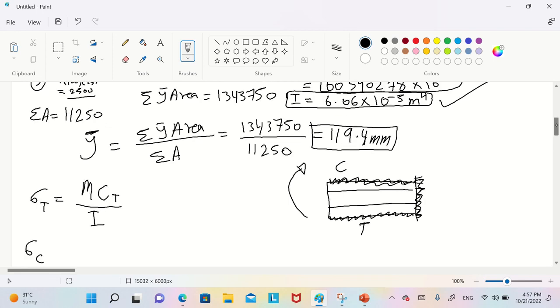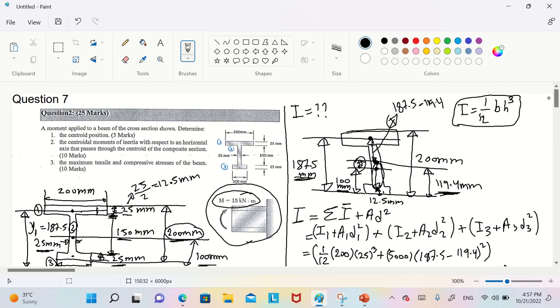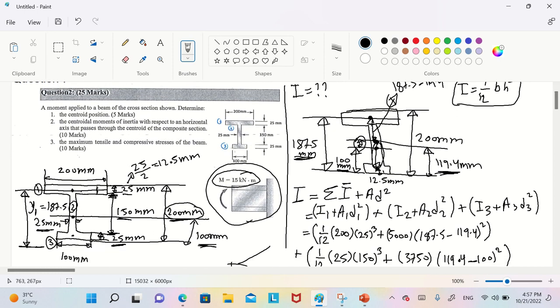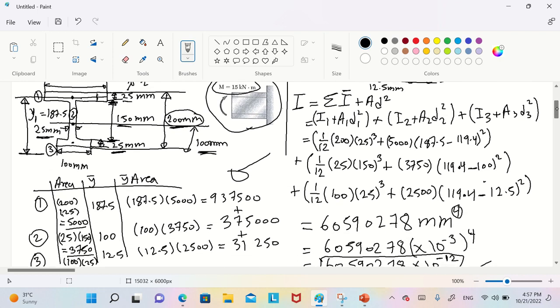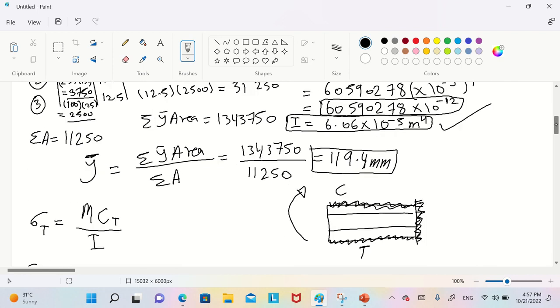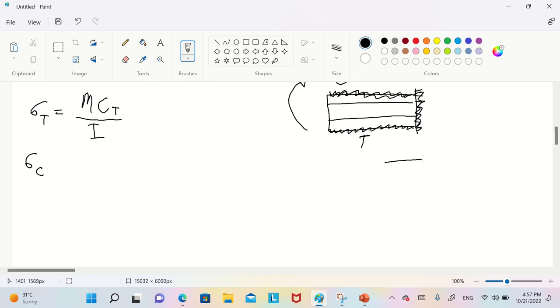So in this drawing, here is getting tension and here compression. I will draw it again.